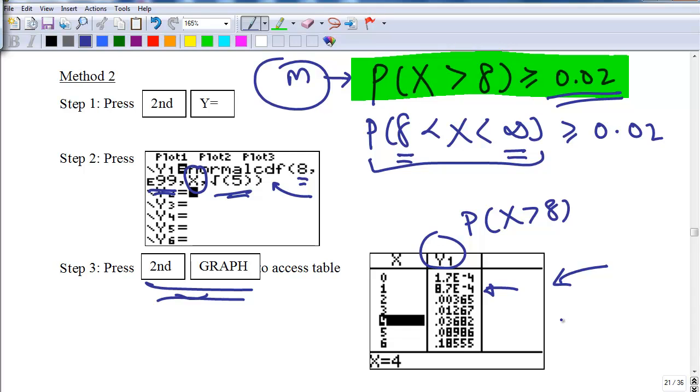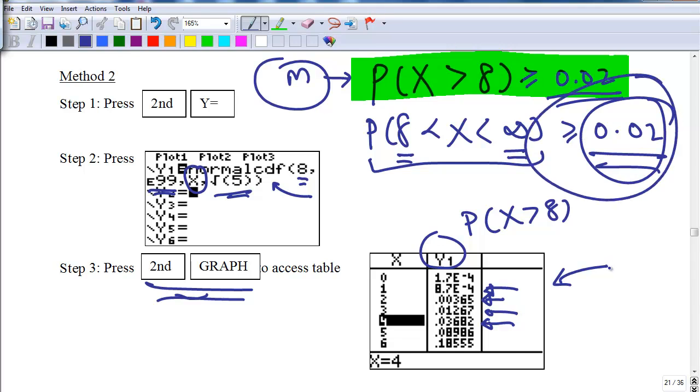I want this column to have a number that is bigger than 0.02 for the very first time. If I look at 1, this is a very small number. 2, this number is still below 0.02, and this number 0.012 is getting closer to my 0.02 but still lower than that. And then I realize that 4 is the first time that the probability is bigger than or equals to 0.02. So the least value that I'm looking for is 4.